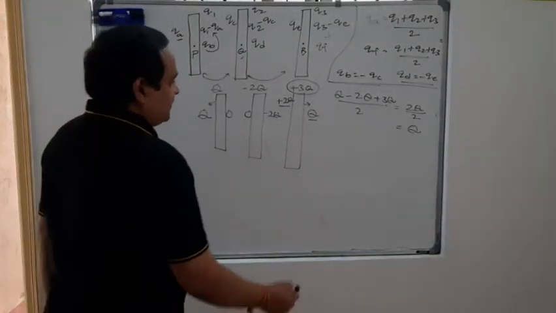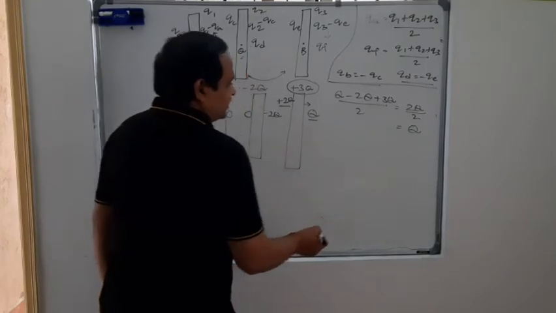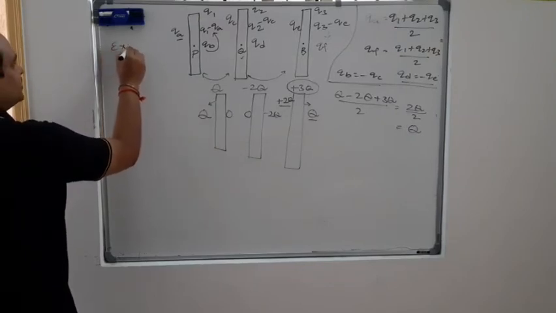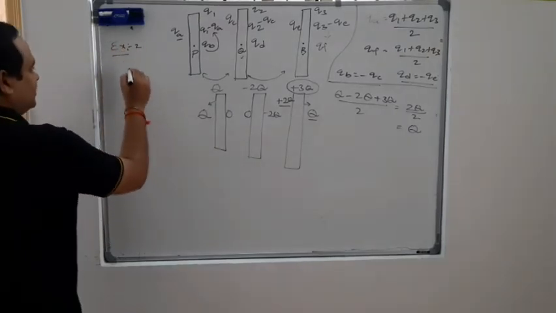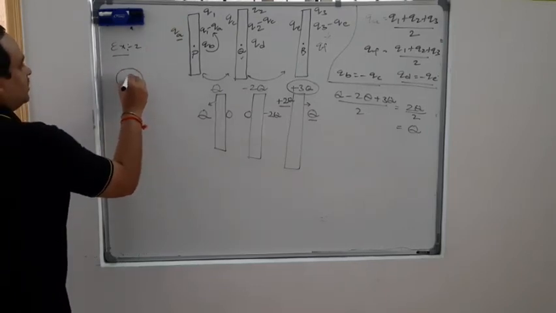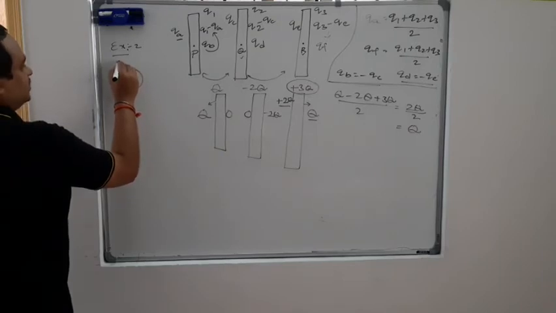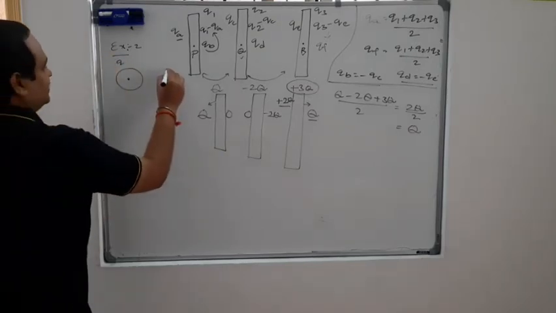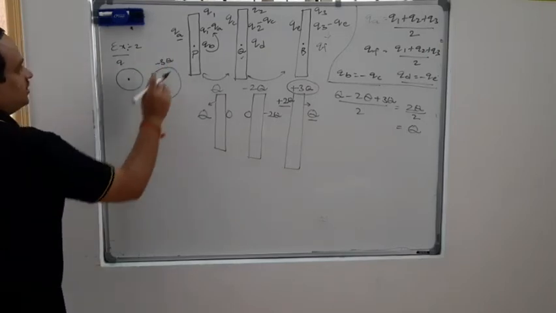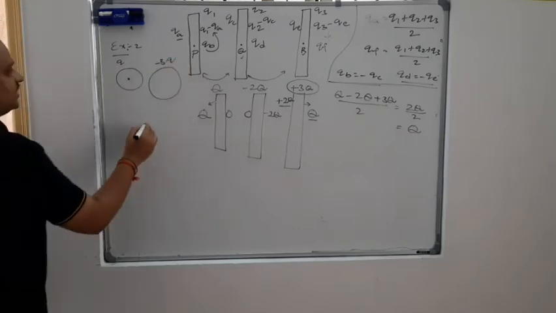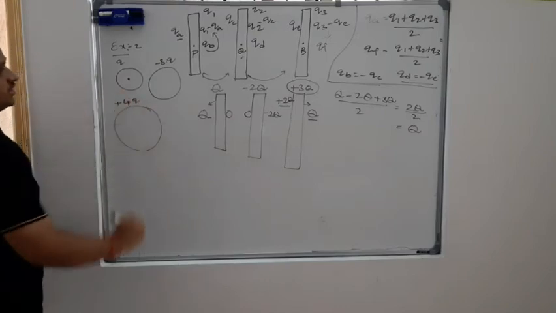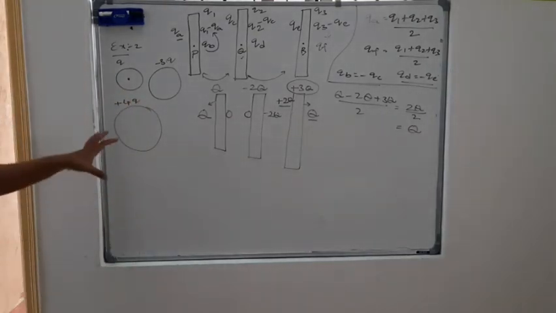So this is another one. The same will be applied for shells also. For example, I have taken example 2. See, this is the first shell having charge q, another shell having charge minus 3q, and another shell having charge plus 4q. Suppose these are the charges on 3 shells.